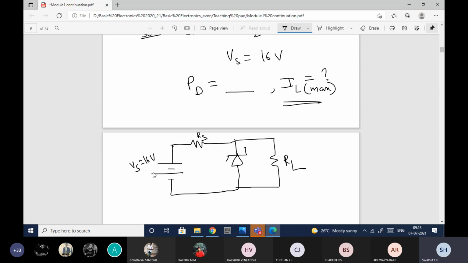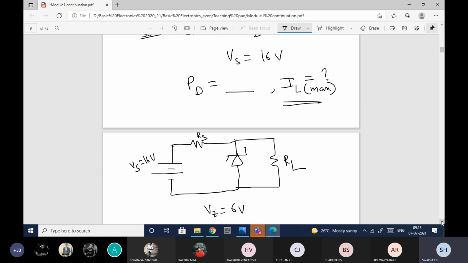He has given that VS is equal to 16 volts, and the Zener voltage VZ should be 6 volts. So again you need to identify which Zener diode will provide such 6 volts in the breakdown region.